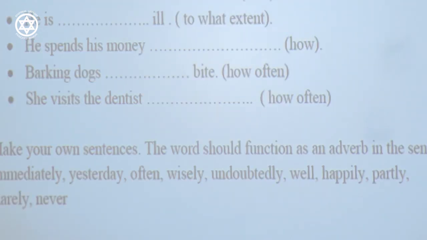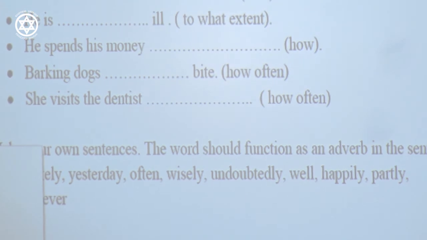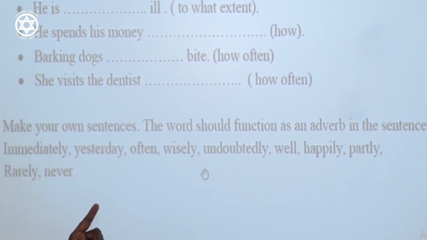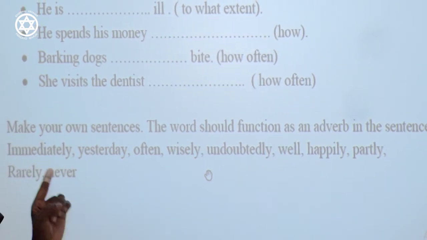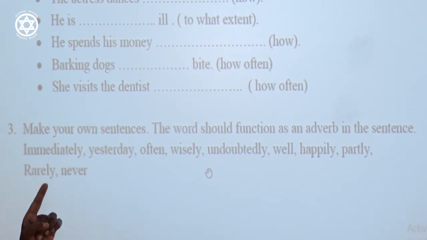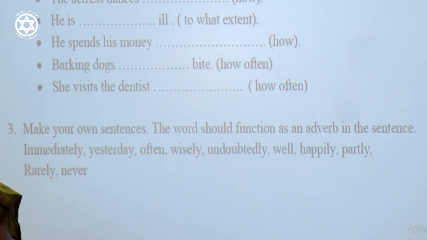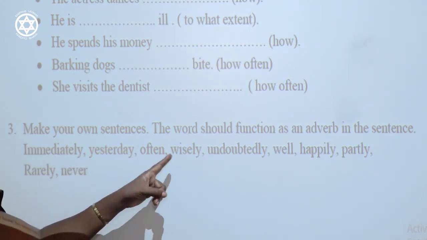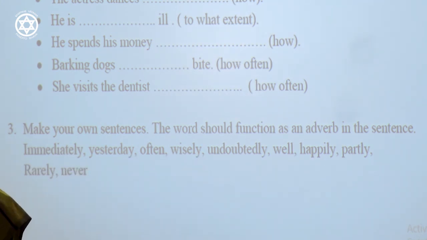Remember, the word that you use has to function in the sentence as an adverb. The word should function as an adverb in the sentence that you make. Immediately, yesterday, often, wisely, undoubtedly, well, happily, partly, really, never.